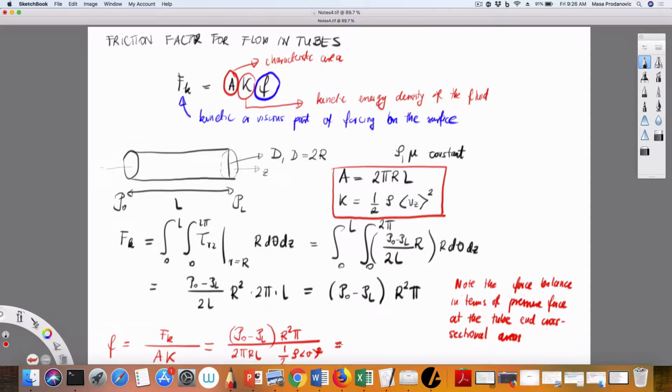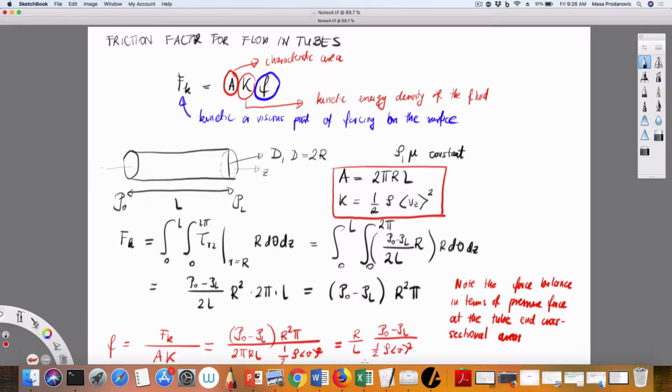So that evaluates to R over L, 2 times 1/2, pressure difference divided by rho V squared. And sometimes they actually do leave the 1/2 over here, because that gives the idea that it's average.